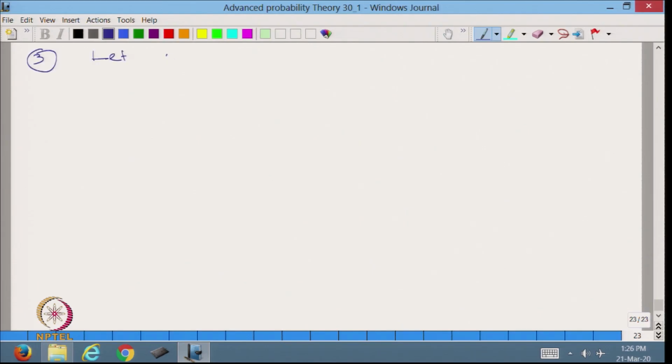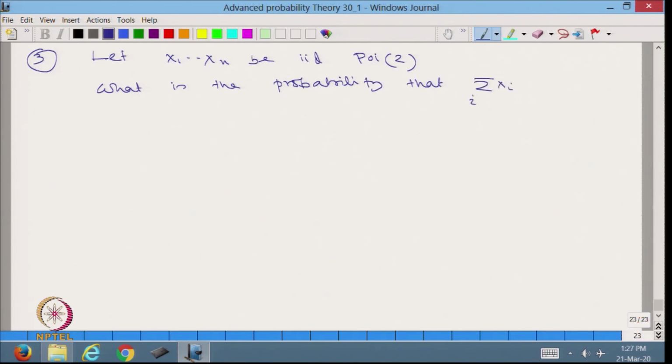Let X1, X2, ..., Xn be IID Poisson with parameter 2. What is the probability that sigma Xi, i equal to 1 to 75, lies in the interval 150 to 170?